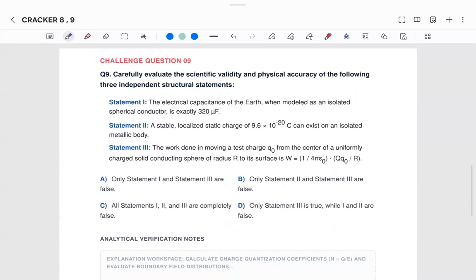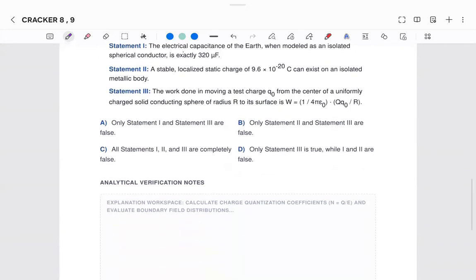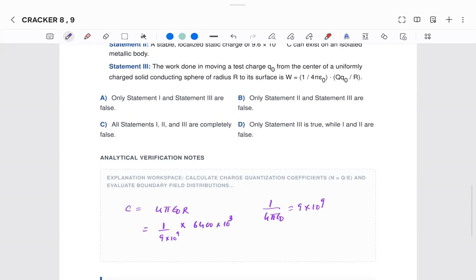Next challenge, electrostatic capacitance. What is the capacitance of an isolated conductor? Assume Earth as a spherical conductor. So this is an isolated body. 1 by 4 pi epsilon naught is 9 into 10 power 9. Radius of the Earth is 6,400 kilometers.